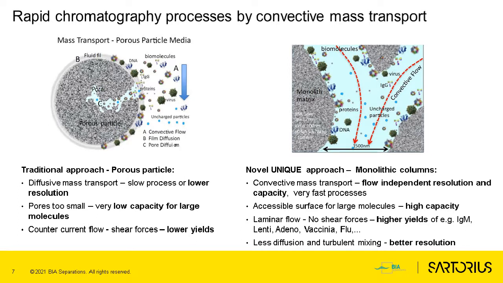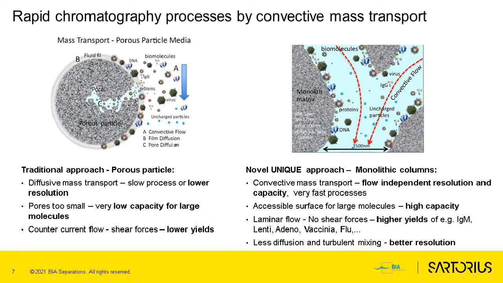These high flow rates may not be feasible at industrial scale because with 8 liter column, this would mean 160 liter per minute. But due to the flow independent resolution and capacity, you can nicely lower down the volumetric throughput by even an order of magnitude, and this would have just no influence on the resolution and capacity.